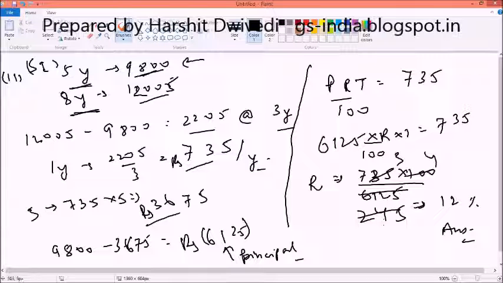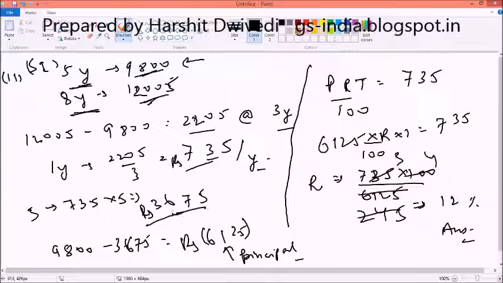The thing you have to remember is that 9800 was the amount inclusive of 5 years of interest, and 12,005 was the amount inclusive of 8 years of interest. By subtracting these two amounts, we got 3 years of simple interest, that was 2205. So the per year interest came out to be 735. I calculated the interest for 5 years, which came out to be 3675.